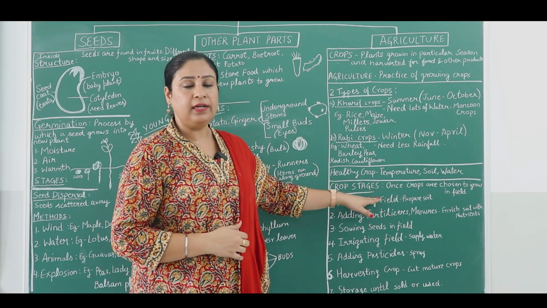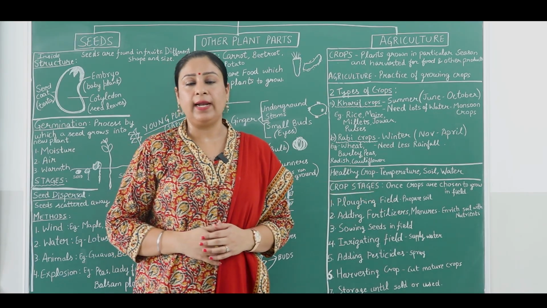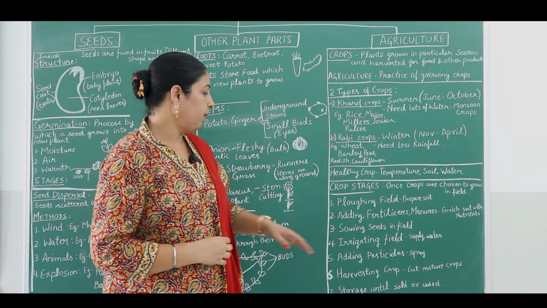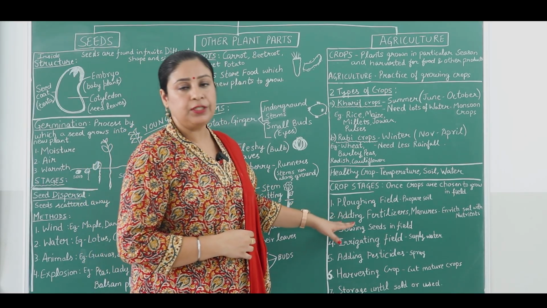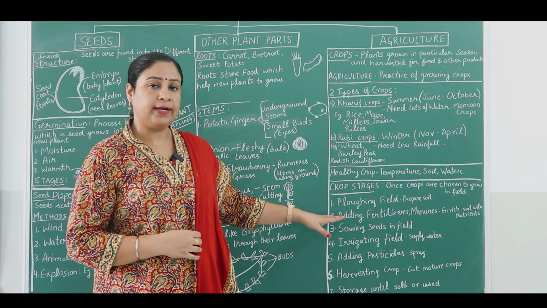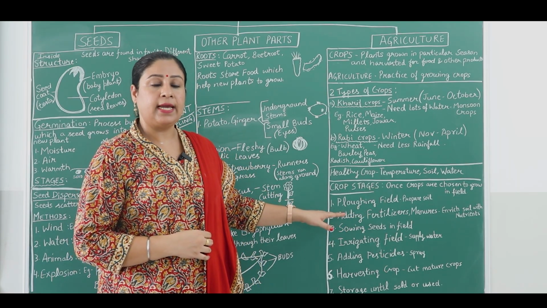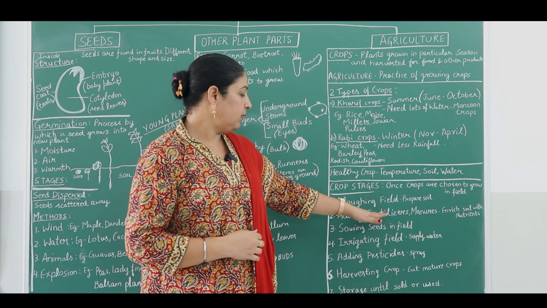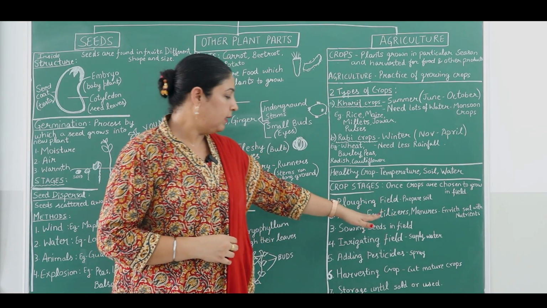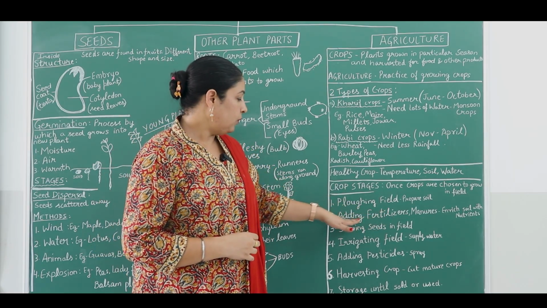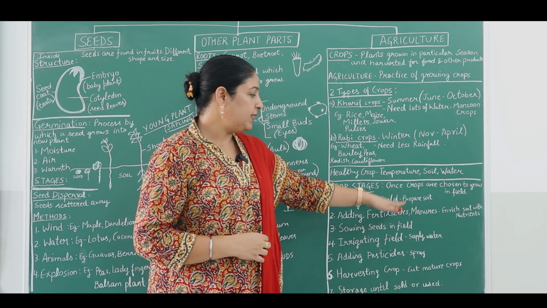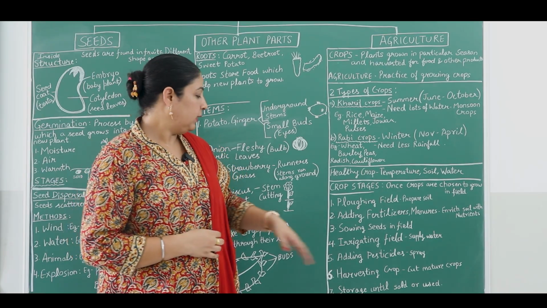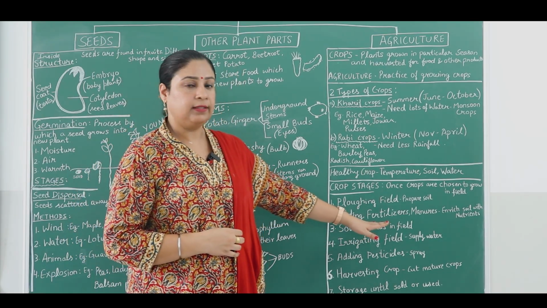By plowing the field, we loosen up the soil and make it ready for sowing the seeds. And then we enrich our soil with nutrients by adding fertilizers and manures. Manures are organic in nature, fertilizers are inorganic in nature. These are chemical compounds. So these fertilizers and manures enrich the soil with nutrients and make it ready for sowing of the seeds in the field.